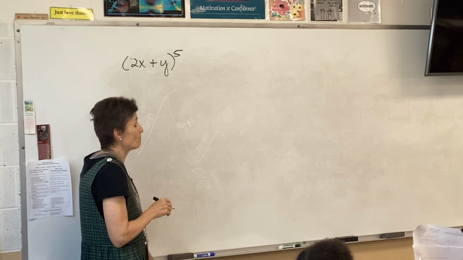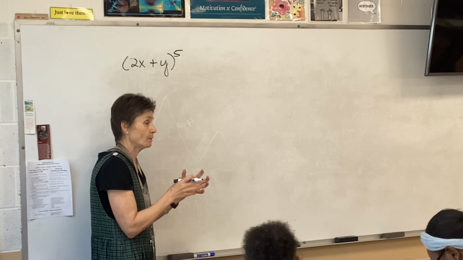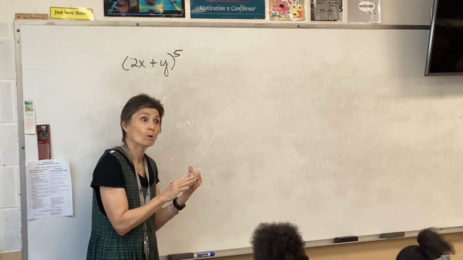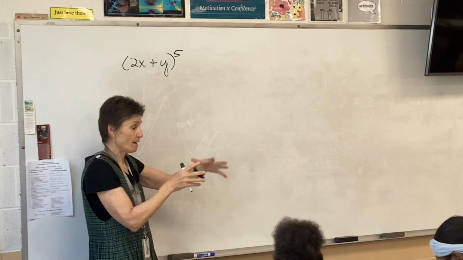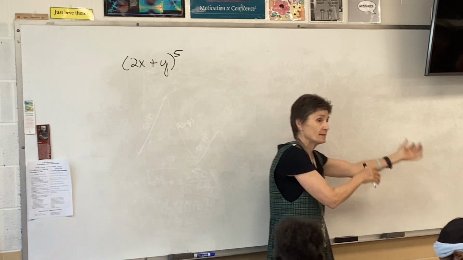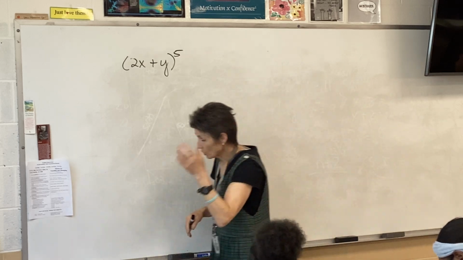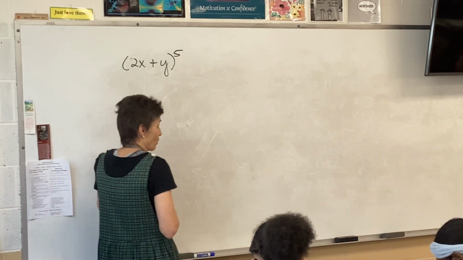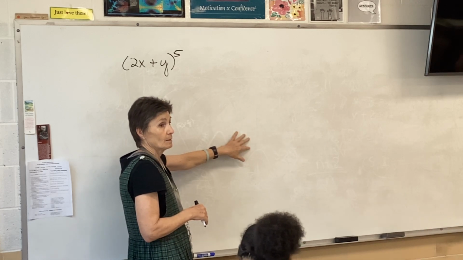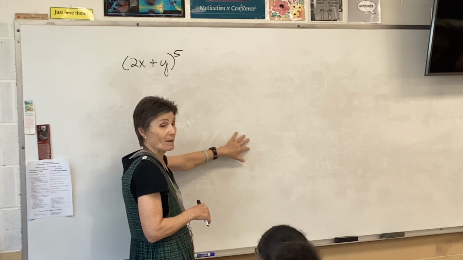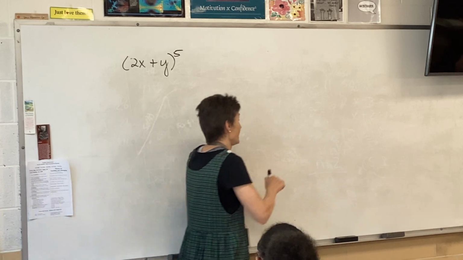Each term will have 3 parts to it. Each term will have a coefficient, a 2x, and a y. Every term that I'm expanding. So, let's do the coefficients. Where do they come from? Pascal's triangle, yeah.